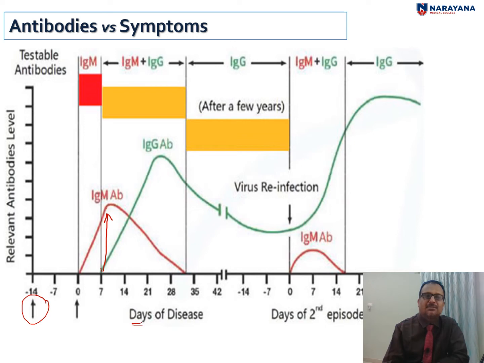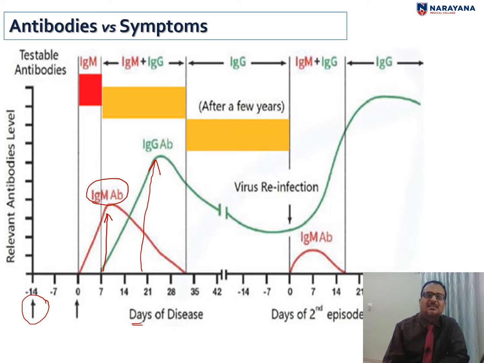At the end of the first week, the IgG starts producing, and you can see the maximum number of IgG antibodies by 14 to 21 days. By 14 to 21 days, you can detect enough IgG antibodies in the patient serum. The IgM antibodies start declining by 14 days, and by almost 20 to 21 days they disappear.